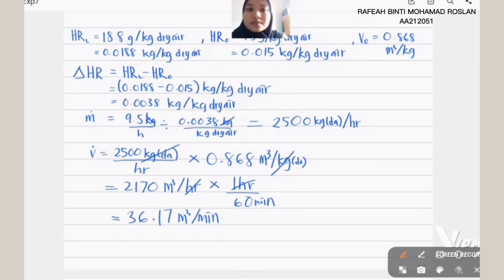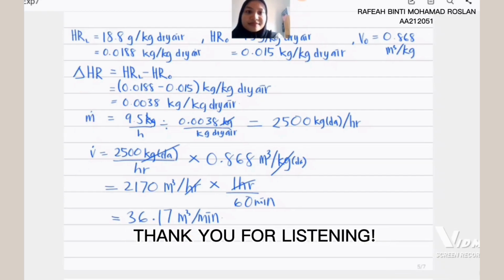We can solve the problem by using the equation for delta HR, and we get the value 0.00338, and the mass flow rate is 2500 kg per hour. Then we can calculate the volume flow rate, and the final answer is 36.17 cubic meters per minute. That's all for me. Thank you.